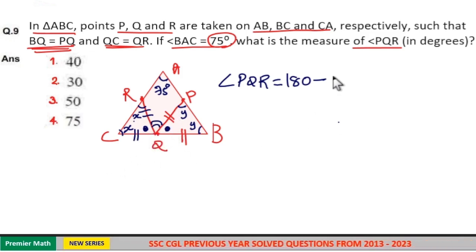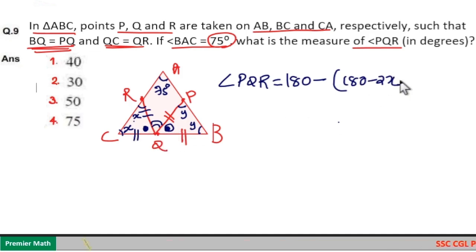That is here 180 minus, here this one is equal to 180 minus 2x. And this one is equal to 180 minus 2y.